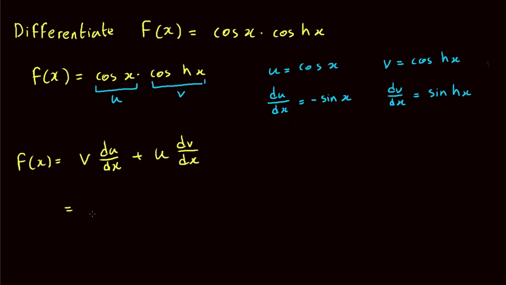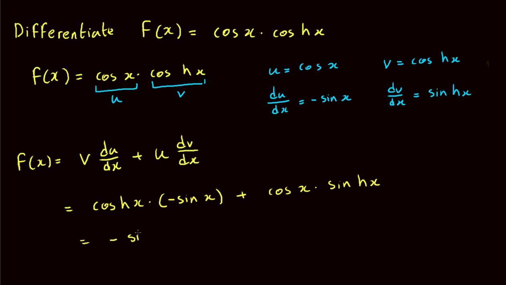So it would be cosine hyperbolic x times negative sine x plus cosine of x times sine hyperbolic x. We can just leave it like this.